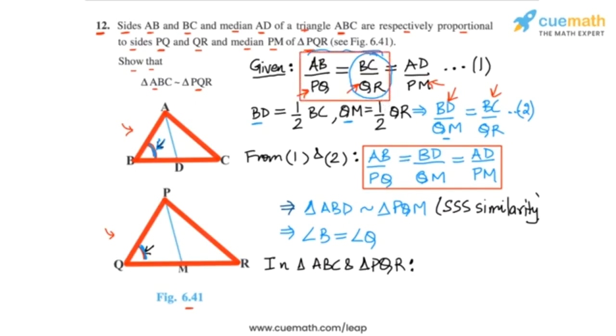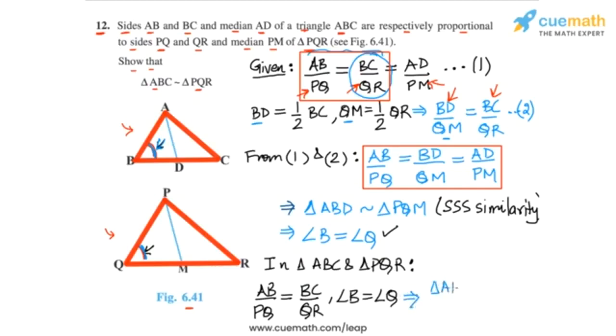AB by PQ is equal to BC by QR. This is given to us, and we have also proven that angle B is equal to angle Q. The included angles are equal. So angle B is equal to angle Q, and therefore we can apply the SAS similarity criterion and claim that the two triangles are similar.